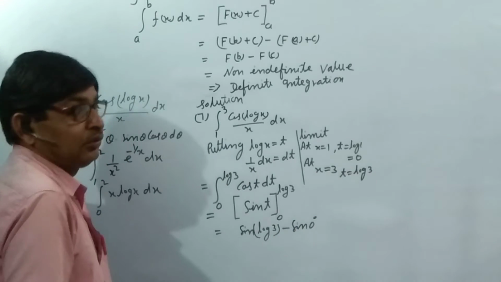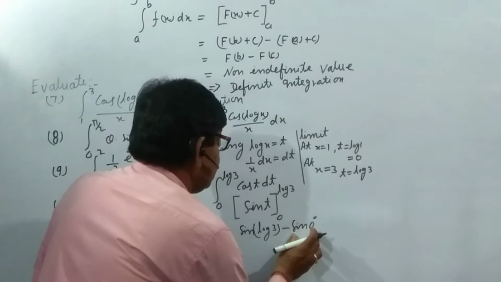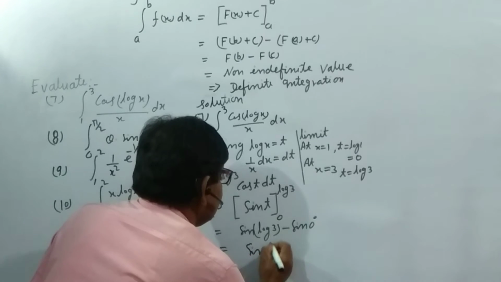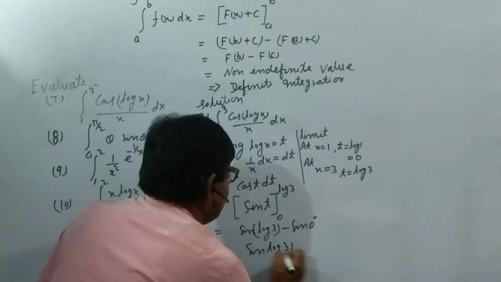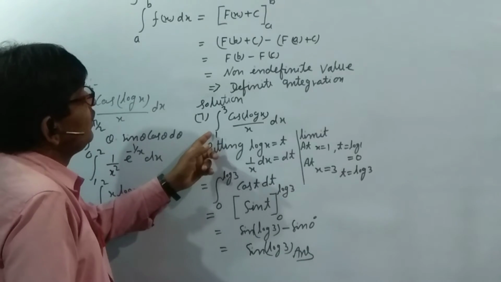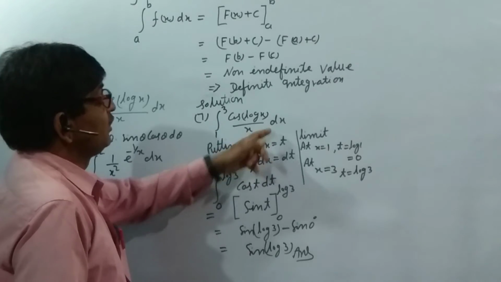The value of sin 0 is 0, so this will be sin(log 3). This is the value of the integration from 1 to 3 of cos(log x) divided by x dx.